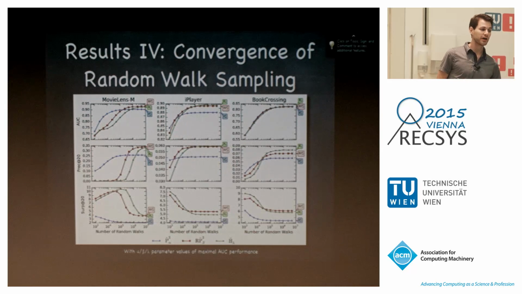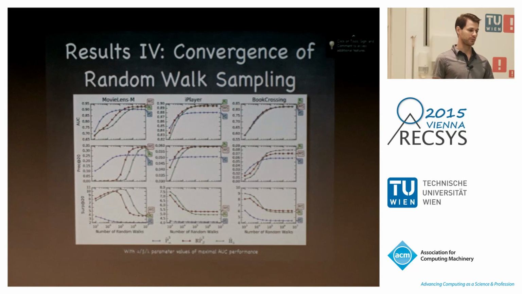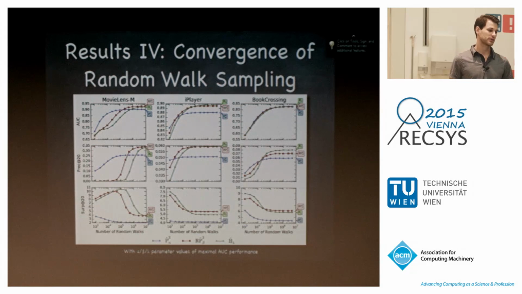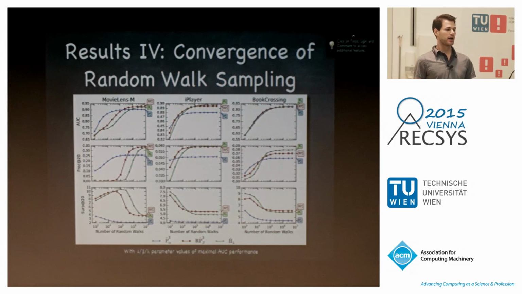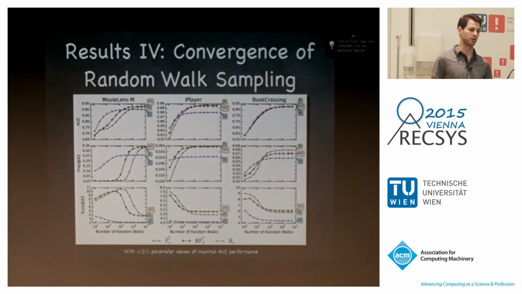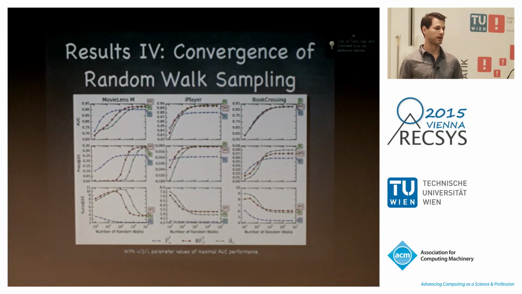If we consider the iPlay dataset here, it's quite clear that RP3 beta would be chosen in any case, because it gives almost the same accuracy, slightly worse surprisal value, but quite good accuracy, and it has the nice advantage of converging quicker. So actually, we get better performance for lower computational costs.